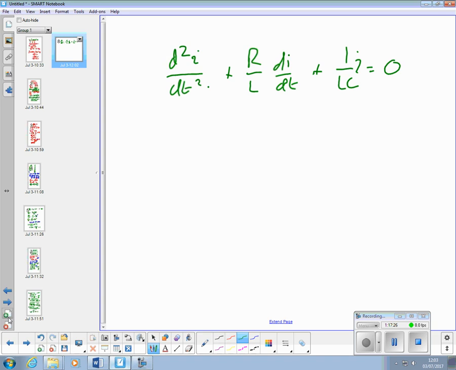What's the auxiliary equation? What's the coefficient in front of the second differential? What number could we put in front of it and that'll still be the same?